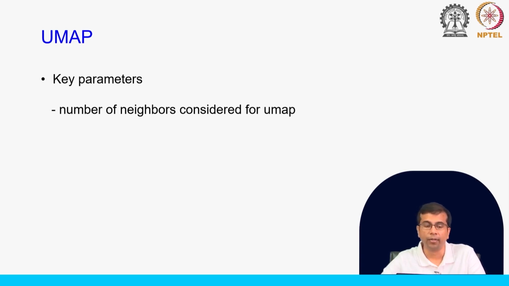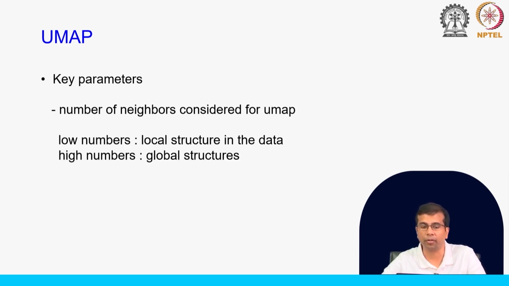If you choose low values for this number of neighbors, you will maintain the local structure of the data, whereas if you choose high values, what you will get is mostly the global structure in the data. So, depending on the application, one of them would be more or less useful for you.